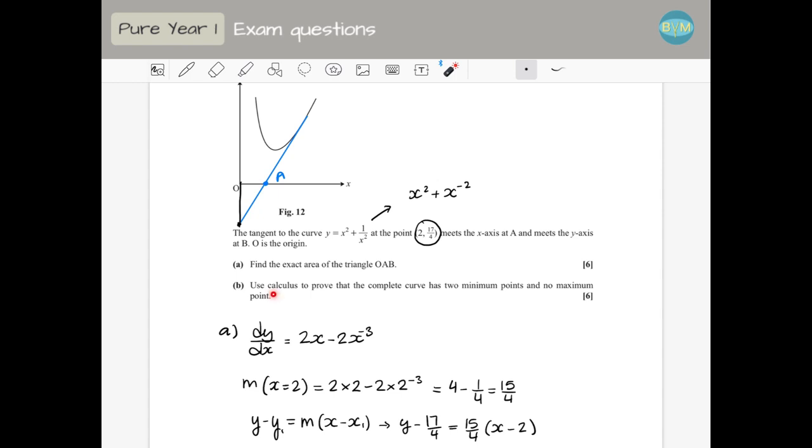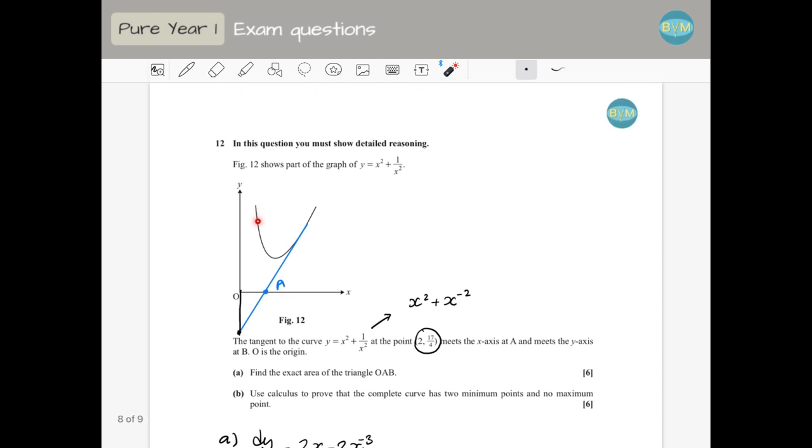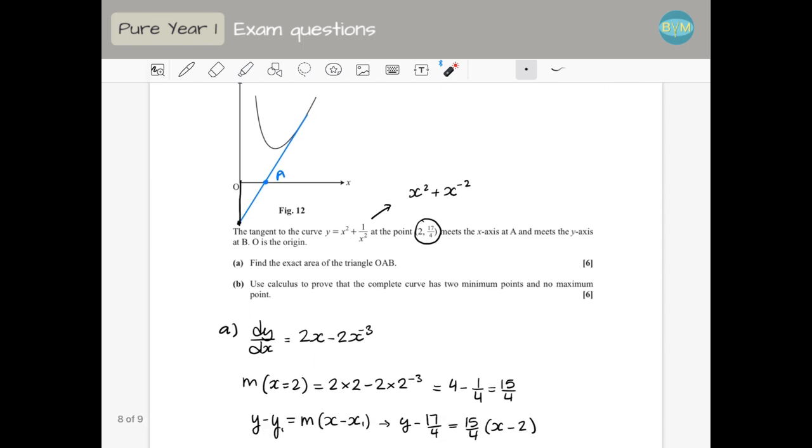For the second part, it says use calculus to prove that the complete curve has 2 minimum points and no maximum point. It says the complete curve because they have drawn only a bit of the curve, but we have to find the maximums or minimums of that function. So what we are going to do is make the derivative equal to 0 and find them.